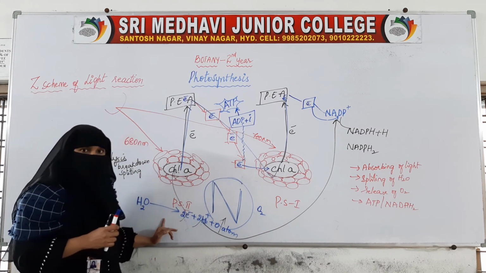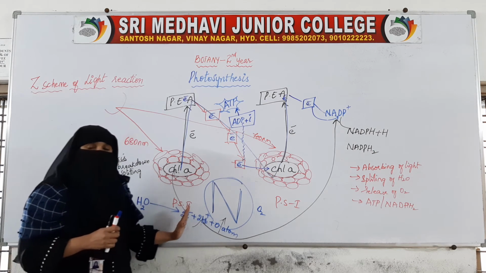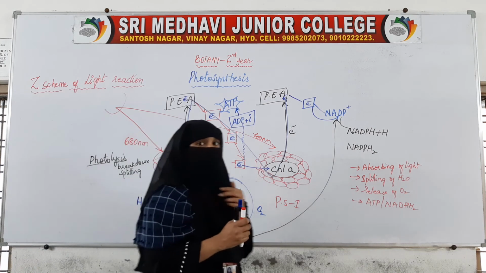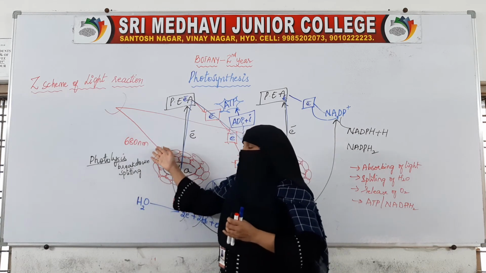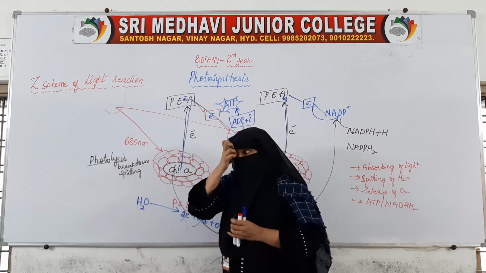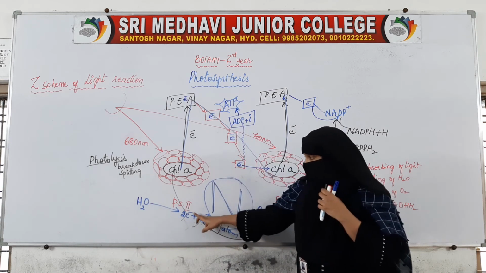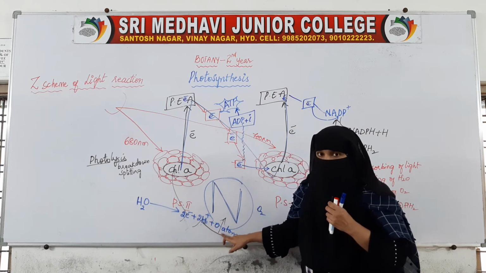If sunlight is not there, the water molecule cannot be broken down. Water can be broken down only by absorbing energy from the sun. So because of this energy, the water molecule is broken down into electrons, protons and oxygen.